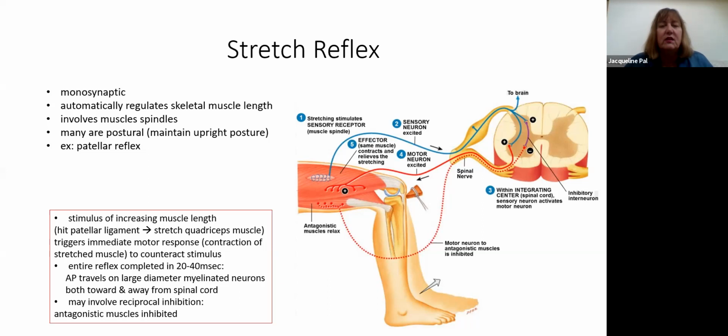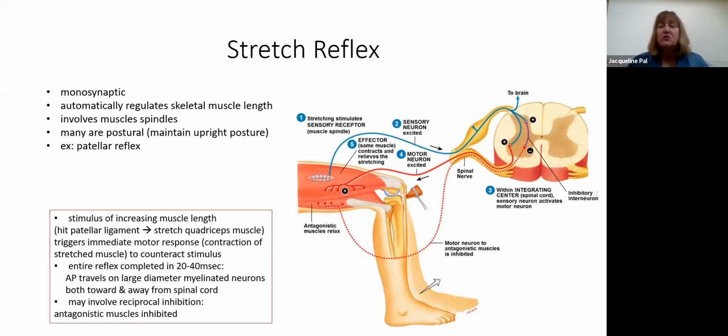It's not including the purple and the dotted red, which I will refer to, I think, in about 2 slides from now. And so stretch reflexes automatically regulate the length of skeletal muscle, and it's using those muscle spindle sensors in the muscle belly itself to determine the response.